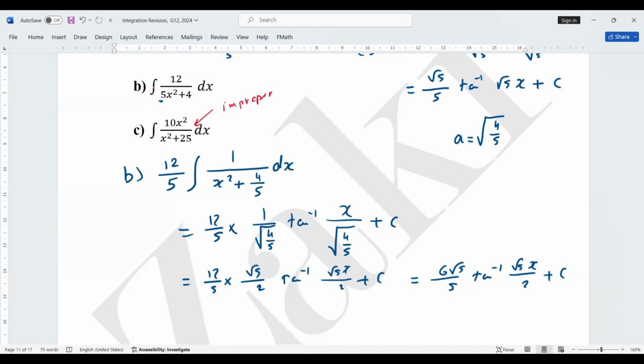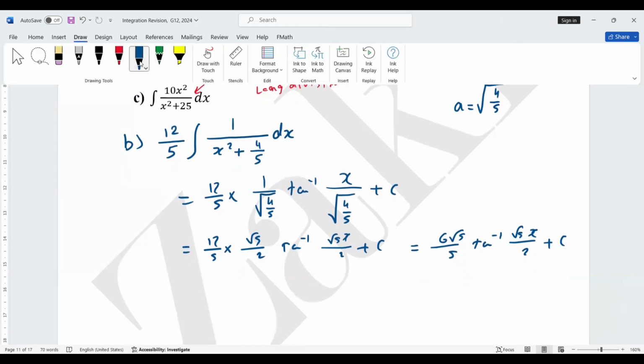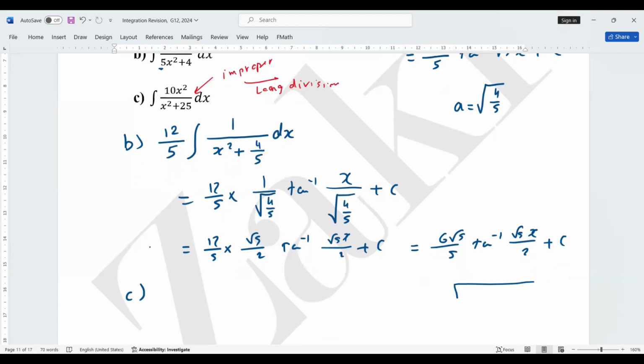Then what do we do? We go to long division, so we use long division to simplify. Now, how can we use long division in this part? I will explain. We divide 10x squared by x squared plus 25.